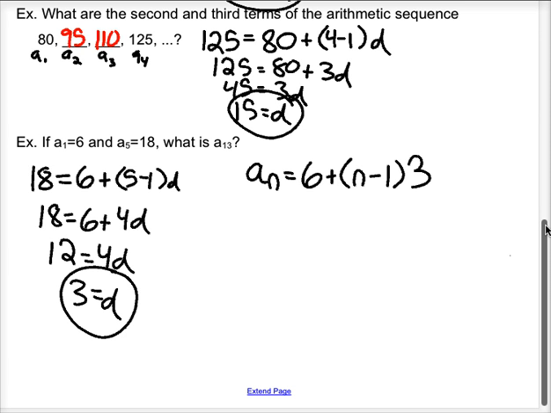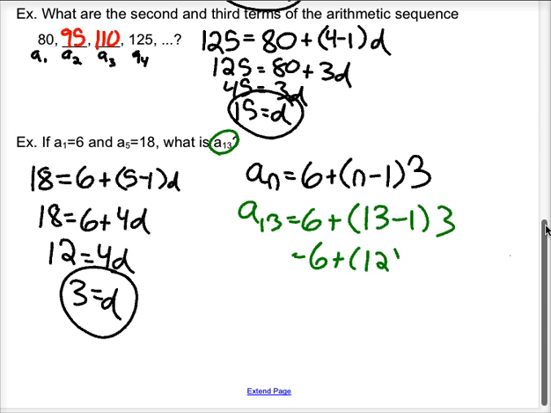So now that we have our general explicit formula, now that I want to know what a_13 is, all I have to do is plug in 13, and I'm golden. So 6 plus 12 times 3, type that into the calculator, and you get a_13 is 42.